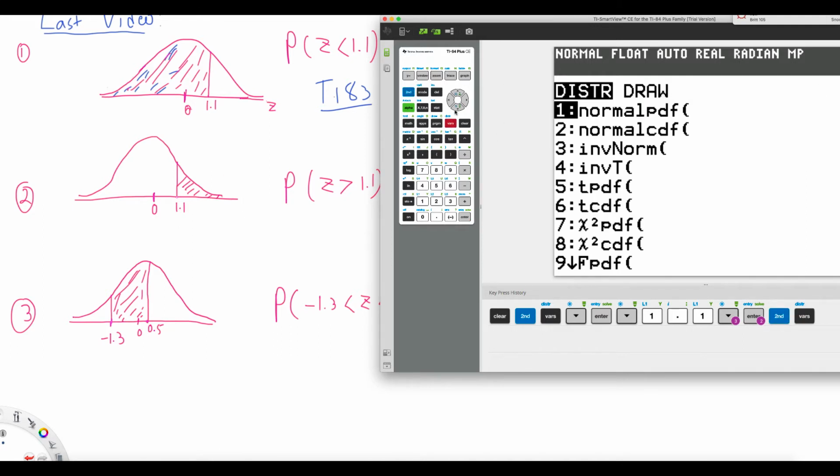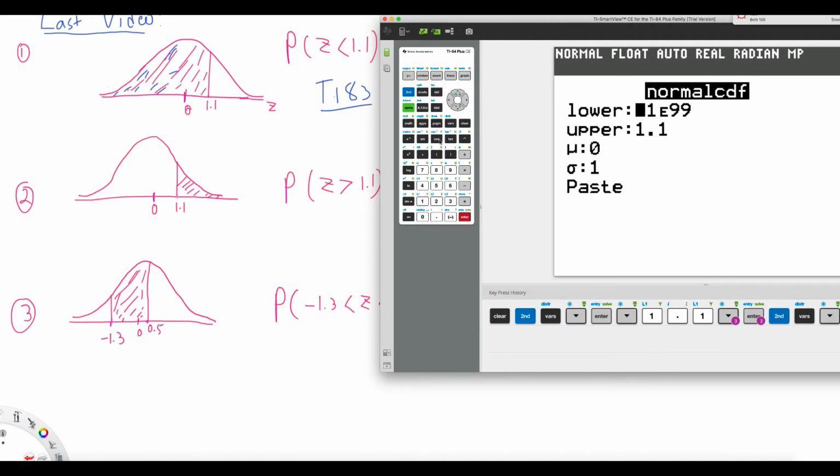Second, DISTR, and then normalcdf. Hit enter. The left bound here is 1.1. The right bound is a very big number, 10 to the 10 I'm taking here. Mu is 0, sigma is 1, and then you paste it.